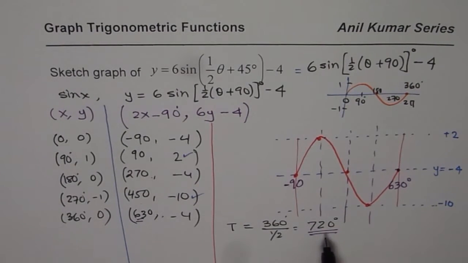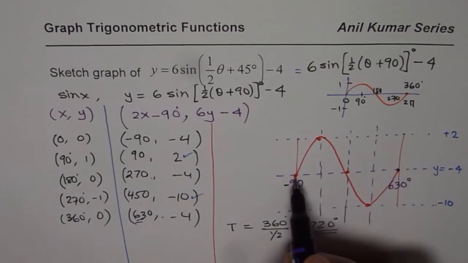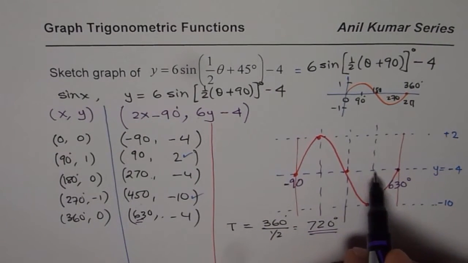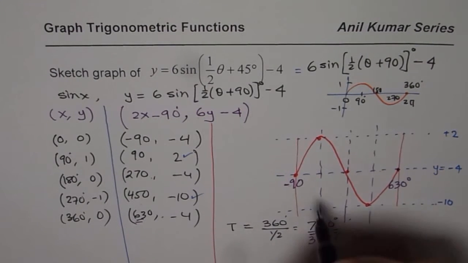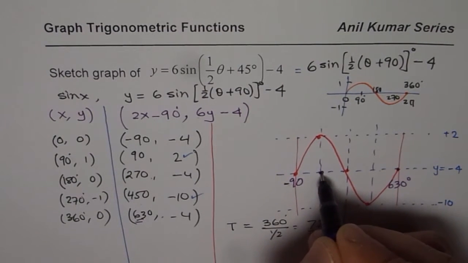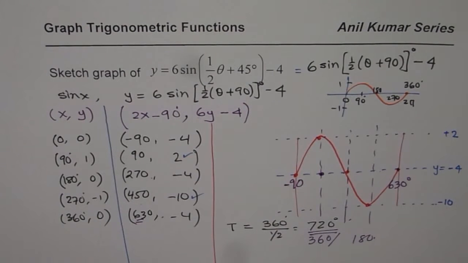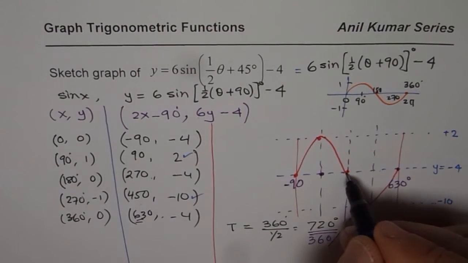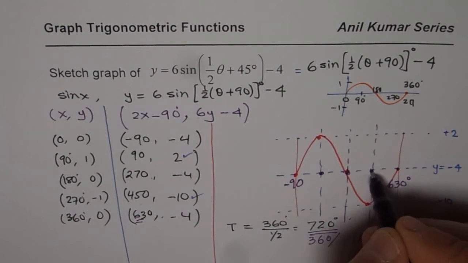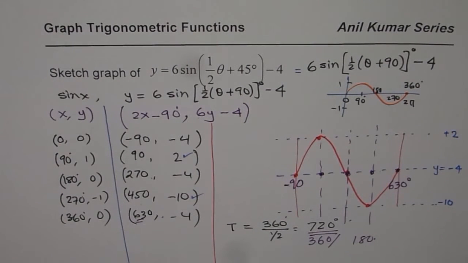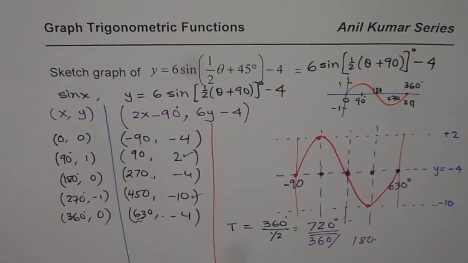So what you can do is divide this by 4 and keep on adding to get these points, right? 720 half is 360 and half is 180. So when you add 180, you get this point, correct? Another 180, you get this point. Another 180, next 180, you get the other point. So that is another way of doing it.